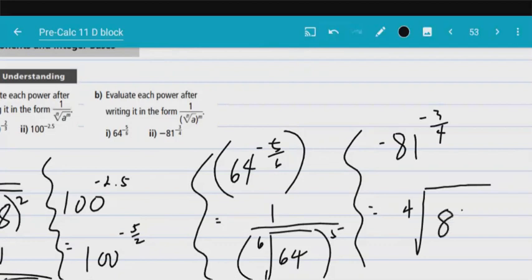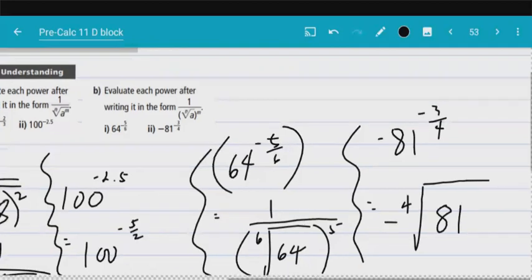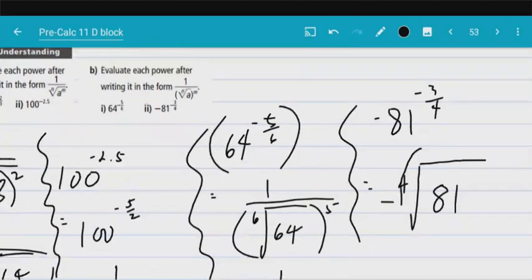Now, note, if you're thinking, can you get a 4th root of negative 81? No, because negative 81 is not the base. The base here is just the 81. So that negative sign remains outside right here. So the 4th root of 81, and then whatever that is.